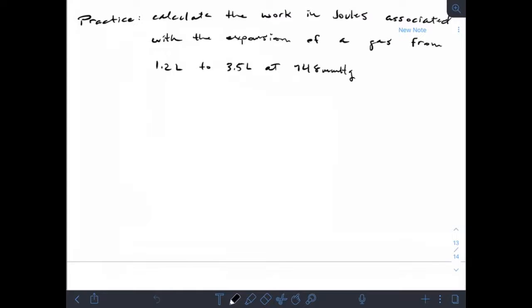So our equation, if we're talking about a change in volume, will be work equals negative P delta V. Our change in volume is our delta V. Pressure is our 748 millimeters of mercury, and so we have all that we need.